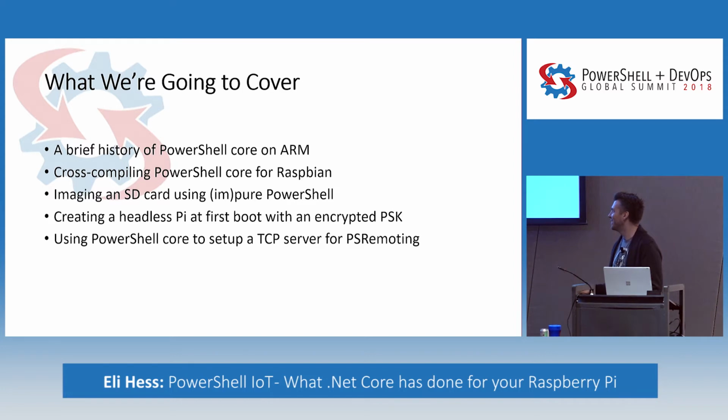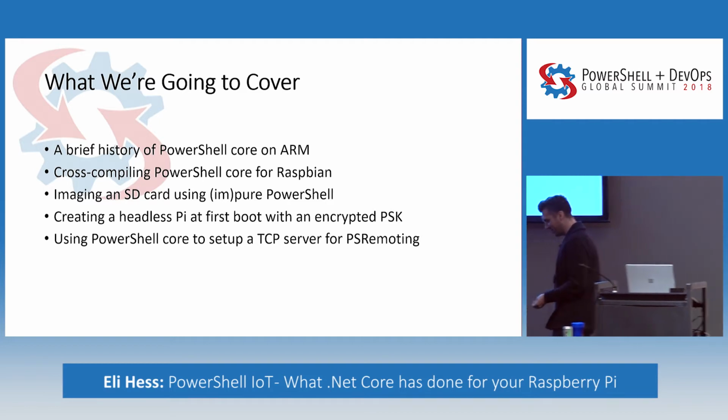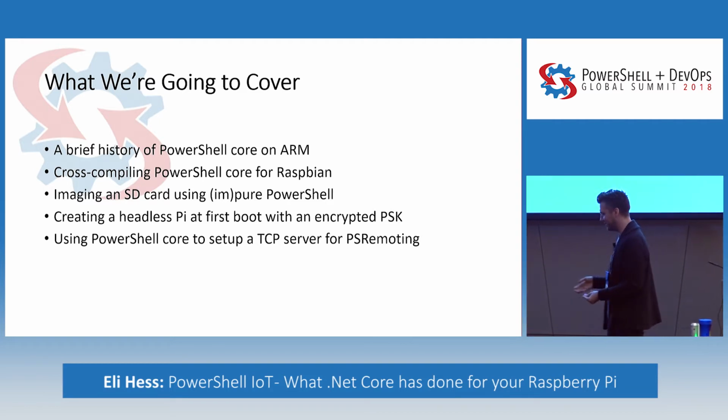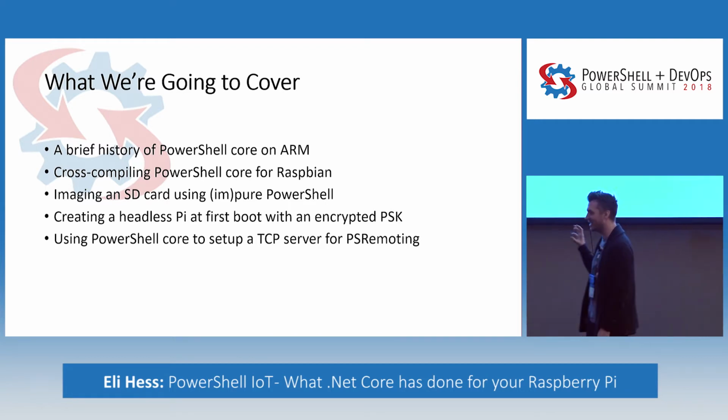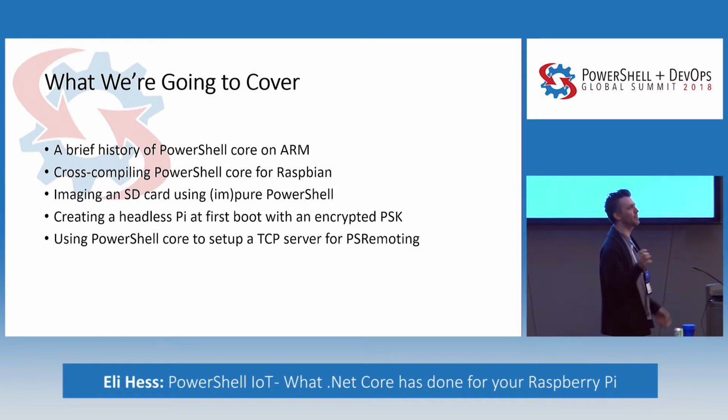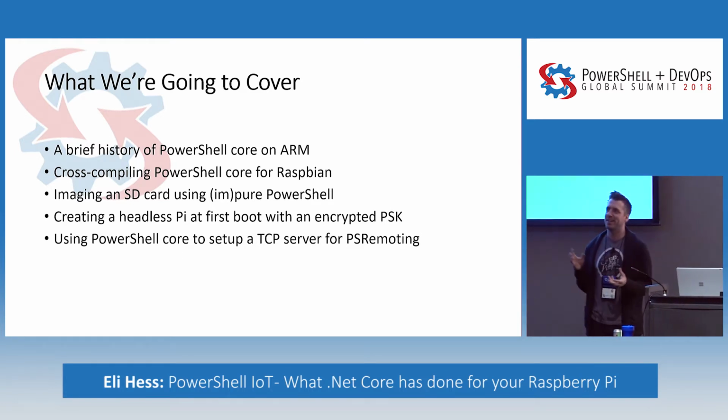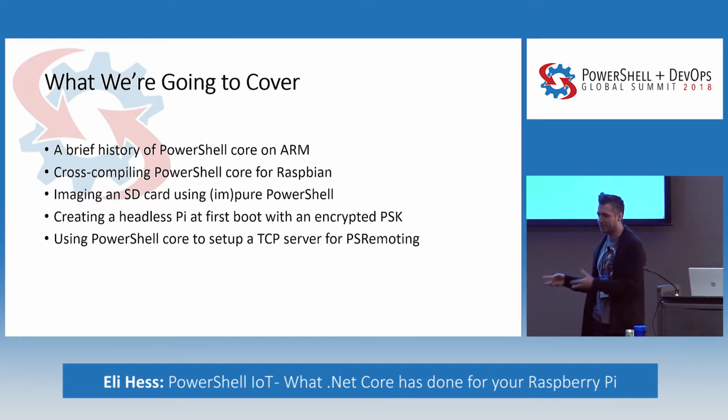So, I'm assuming you guys are like me if you're in this room and you like to tinker. So I cloned the repo down to the Raspberry Pi and popped over to the Linux build instructions. And I kid you not, the very first instruction on the Linux build is install PowerShell. Because they took the software that you're trying to compile and used it to compile the software that you're trying to compile.